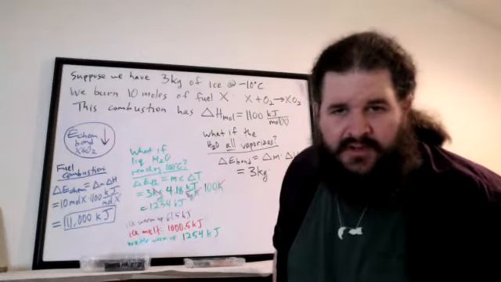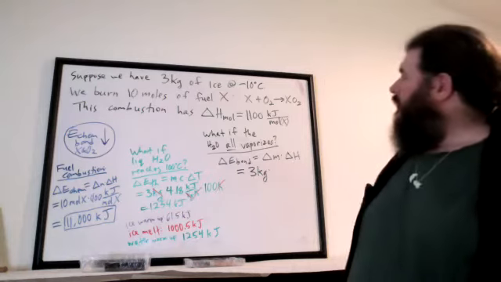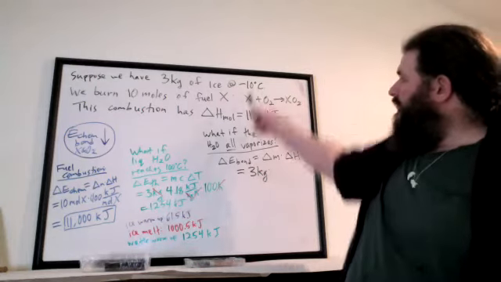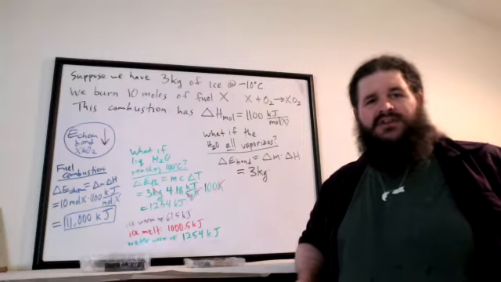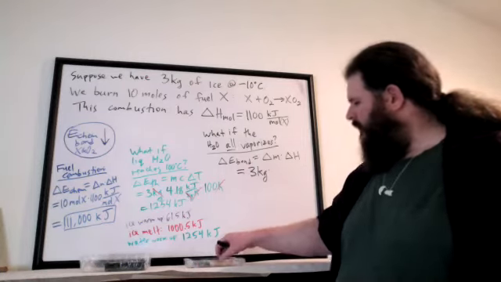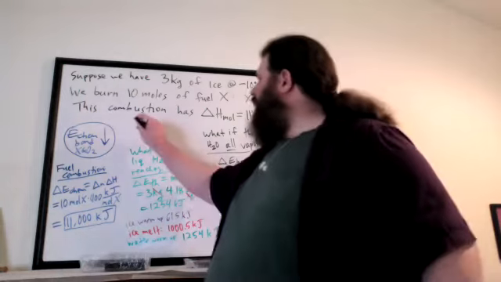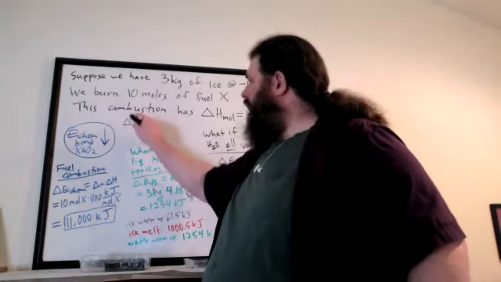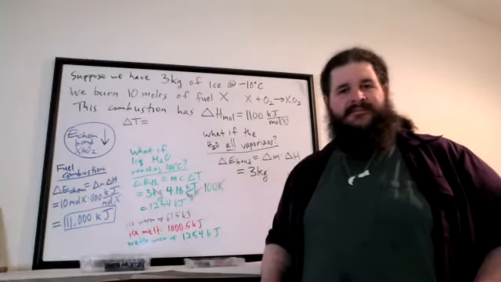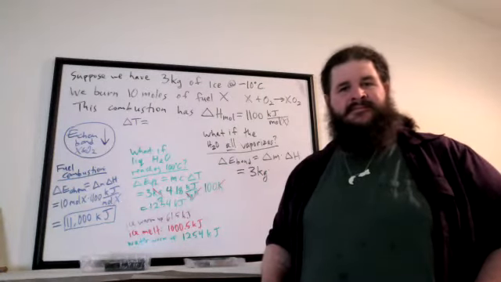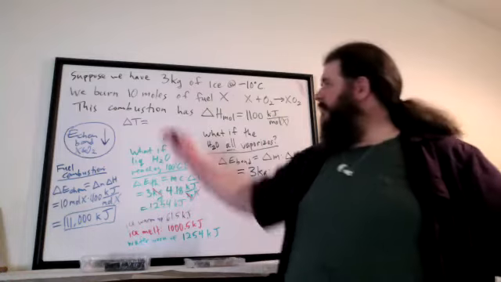Is the temperature in the question also supposed to be in Kelvin? The temperature is given in degrees Celsius. But if you're talking about a delta temperature, it doesn't really matter whether it's Celsius or Kelvin. Because if you're taking a delta temperature, how do you calculate delta anything? Final minus initial.